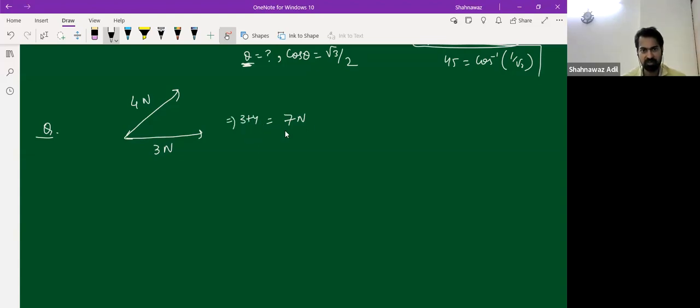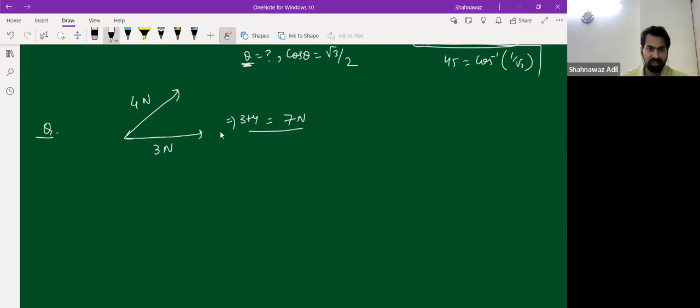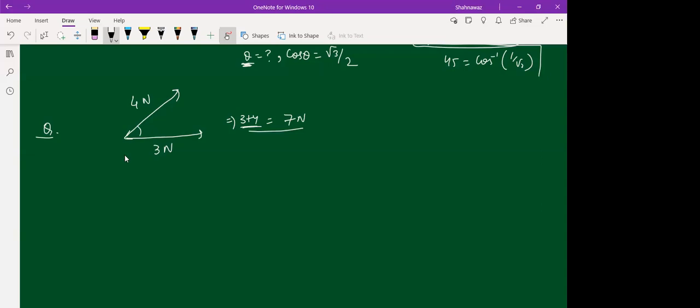Will this be the vector sum or the algebraic sum? These are two vectors, right?